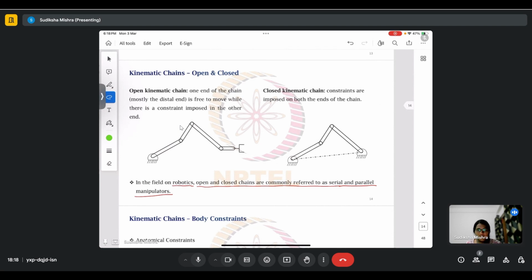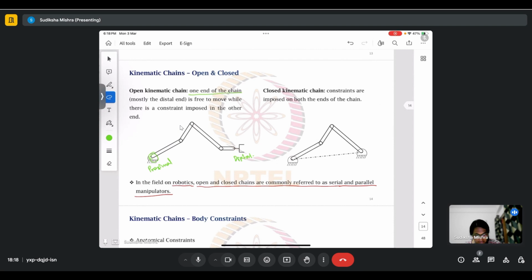In the open kinematic chain, one of the ends, which is usually the distal end, so this is the proximal and this is the distal end. The proximal end is usually fixed at a point, so if it's an arm, it's fixed, whereas the distal point, which is the hand, is free to move around.